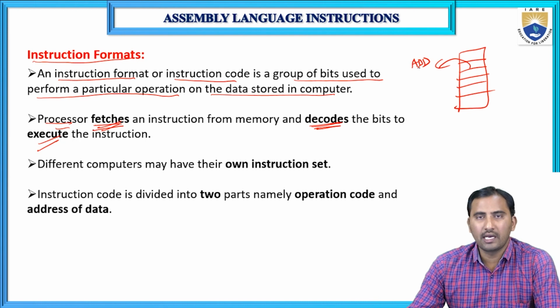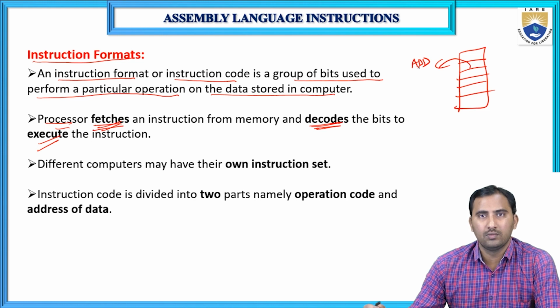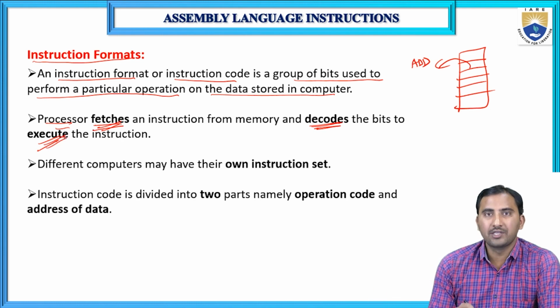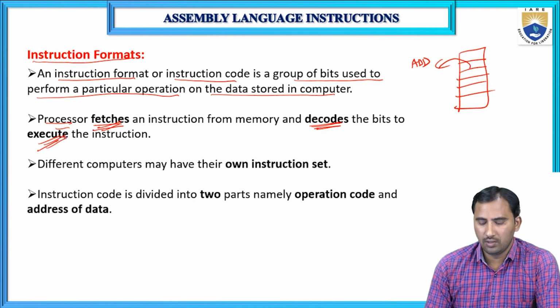Once we have retrieved that instruction, the processor has to decode it. That means it has to determine what type of operation it has to do. That is decoding. Decoding also means converting the assembly language instruction into machine understandable code. Once it is decoded, the processor has to execute that particular instruction.